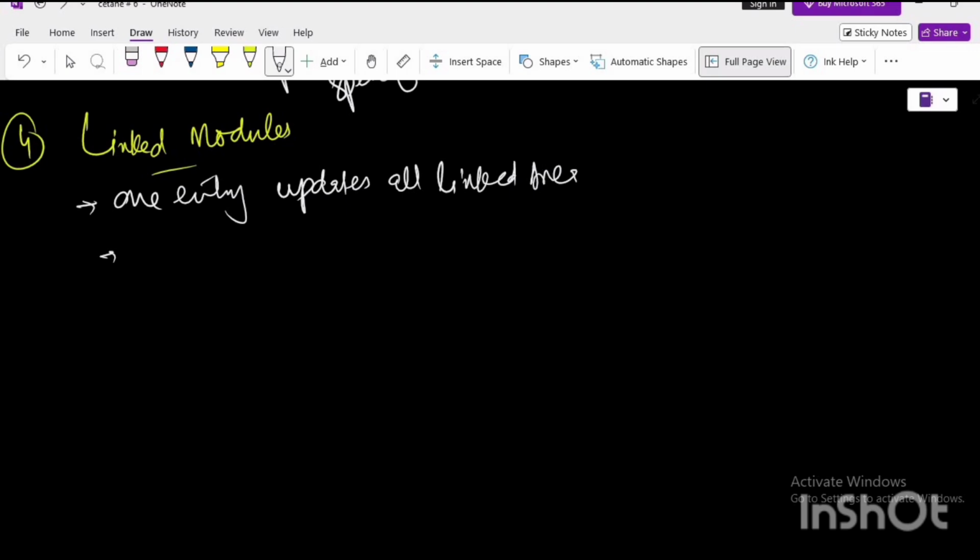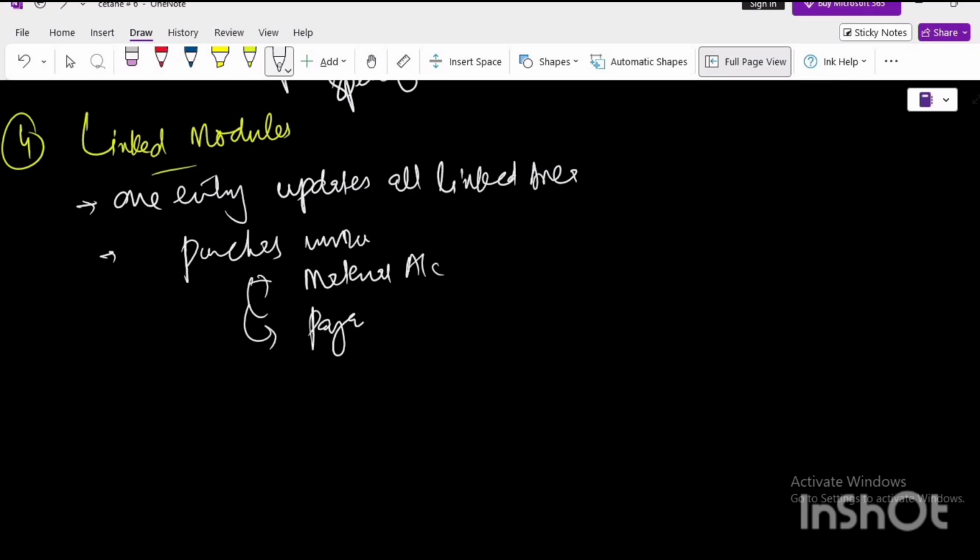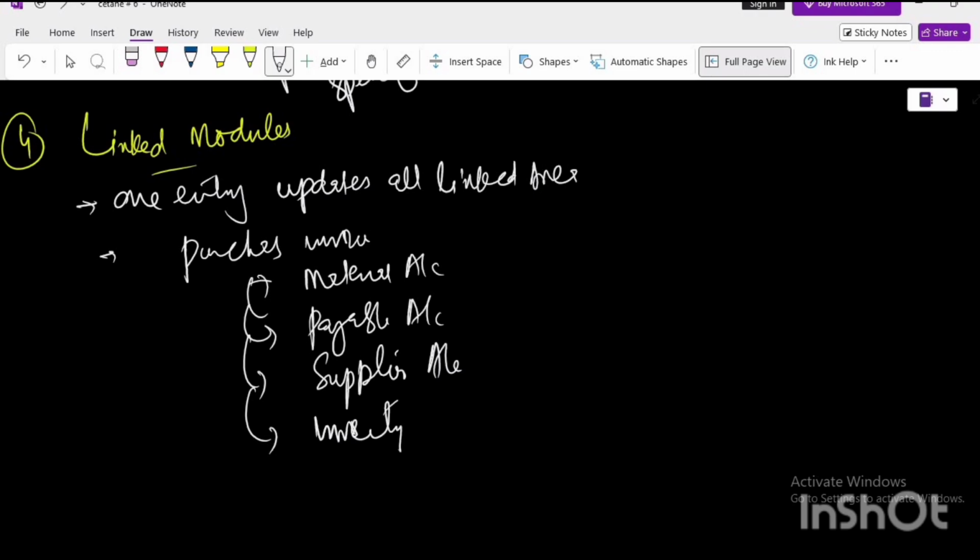Let's say a purchase invoice, I will write here purchase invoices, and this will update what? The material account. This will also update the payable account, the supplier account, and the inventory account. So purchase invoices affect all these things: material account, payable, supplier, and inventory account.